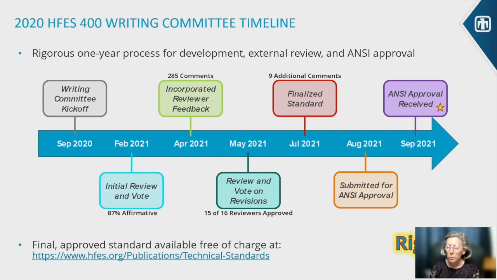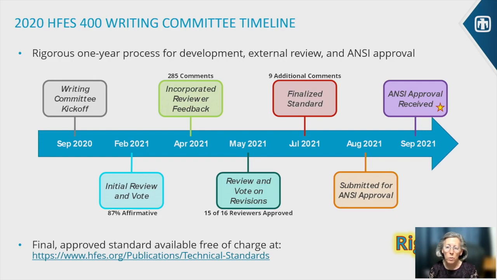But I will say, a lot of the legwork was done during the 2019 working group. So we were well prepared to really write the standard and finish it. We kicked off in September of 2020. And by February of 2021, the document was ready for initial review and vote.